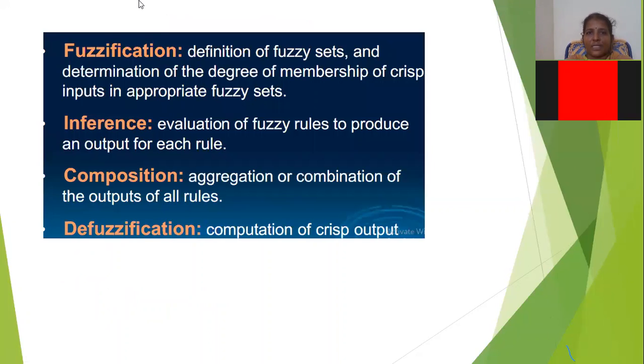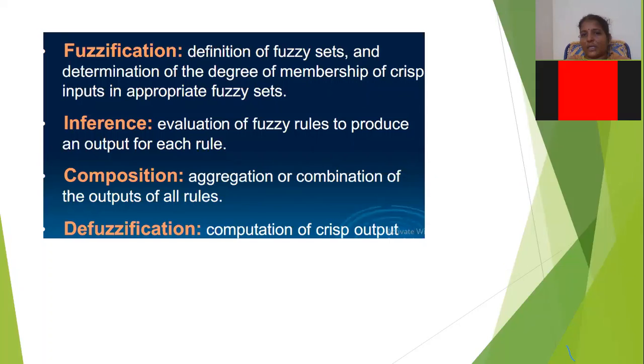Next, what is the definition of fuzzification? Definition of fuzzy sets and determination of the degree of membership of crisp inputs in the appropriate fuzzy sets is fuzzification. So you need to undergo four processes: fuzzification, inference, composition, and defuzzification. Inference means evaluation of fuzzy rules to produce the output of each fuzzy rule.